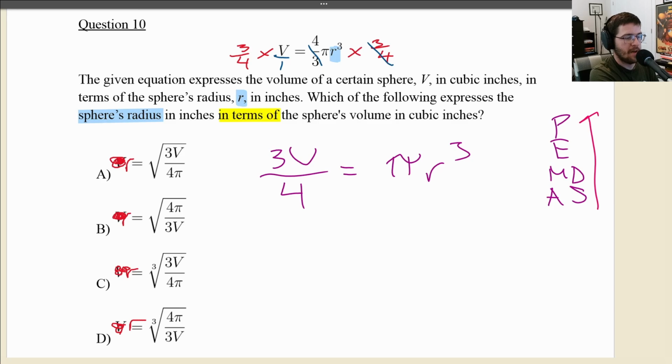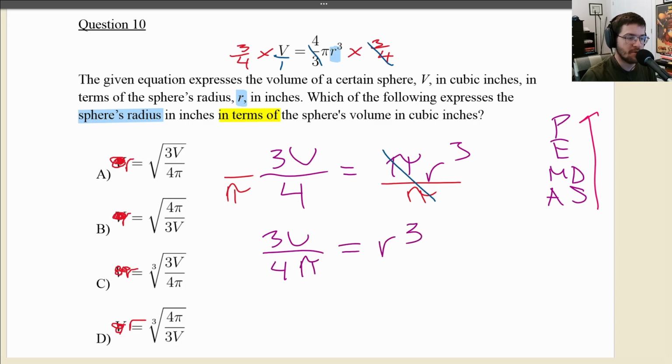So we're going to move the pi. We're going to divide both sides by pi. You can write it like this when there's a fraction, so that's more clear to you that it goes in the bottom. And we get 3v over pi times 4, but we should just write that as 4 pi. And now to get rid of a square, we take the square root, but to get rid of a cube, we take the cube root.